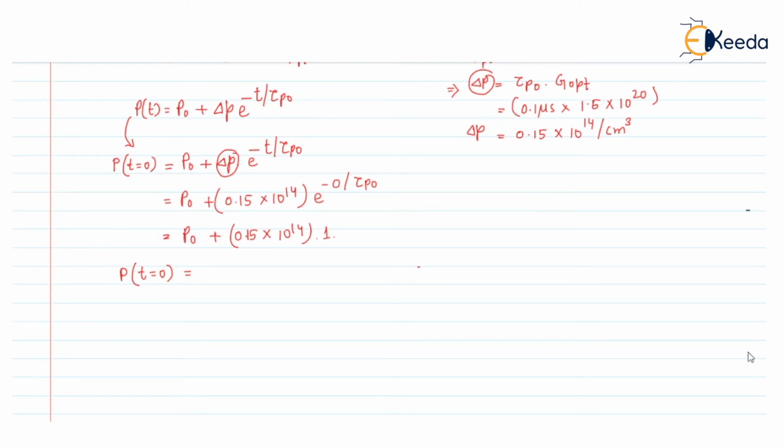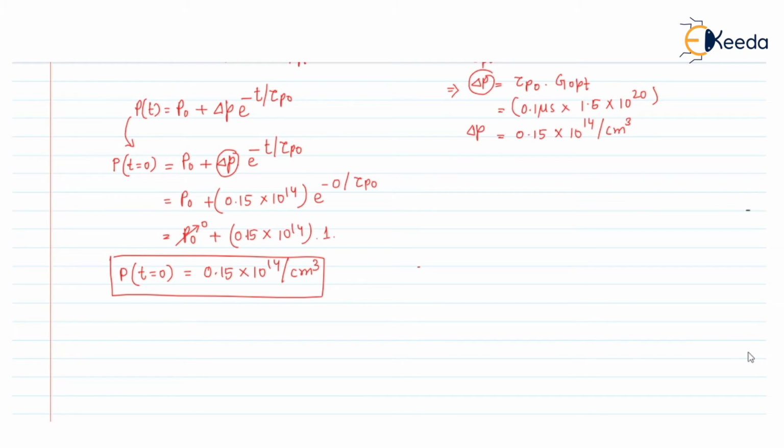But this P0 value has not been given in the above question, so we can take it as 0. So ultimately the hole concentration will be 0.15 into 10 to the power 14 per centimeter cube. So this is the value of the hole concentration at T equals 0.